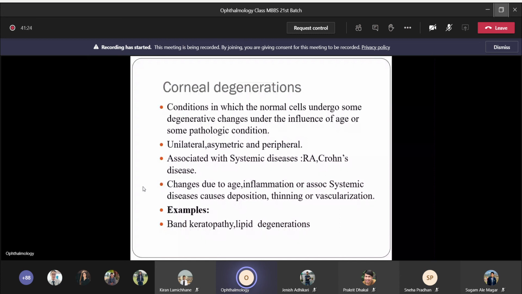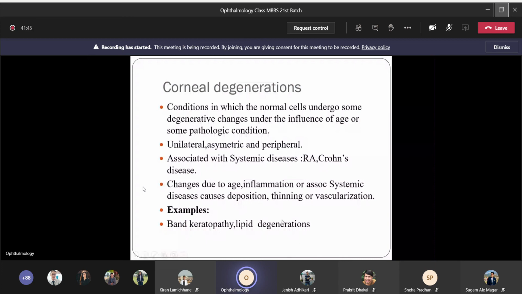For example, rheumatoid arthritis or Crohn's disease, and changes due to age, inflammation, or systemic disease. Examples are band keratopathy and lipid degenerations. Lipid degenerations are due to age, and band keratopathy is seen in uveitis, due to inflammation.